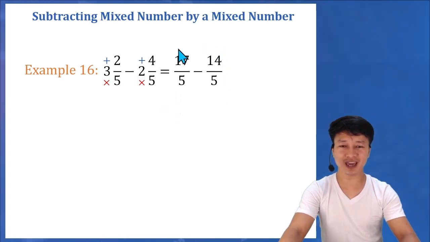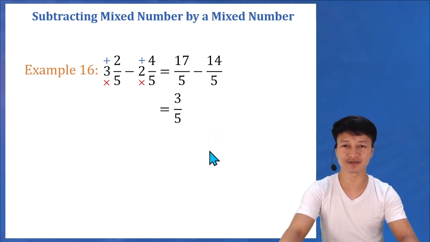And we have our similar fractions, 17 over 5 minus 14 over 5, so we can subtract directly their numerators. So 17 minus 14 is 3 over the common denominator 5. So the final answer is 3 over 5.